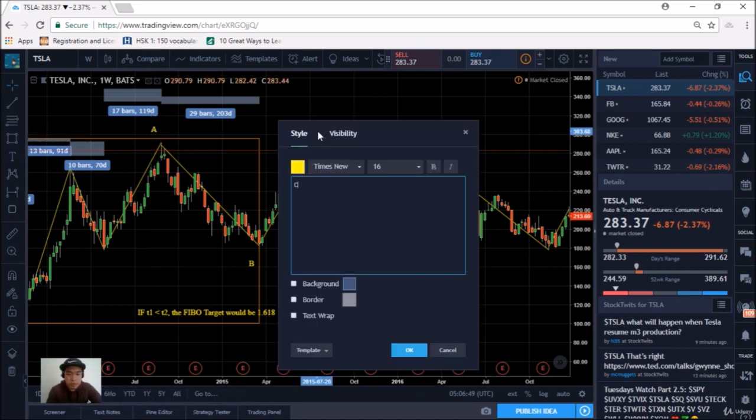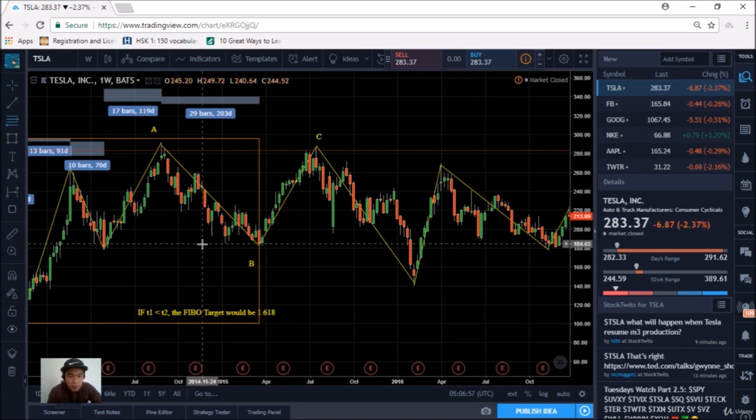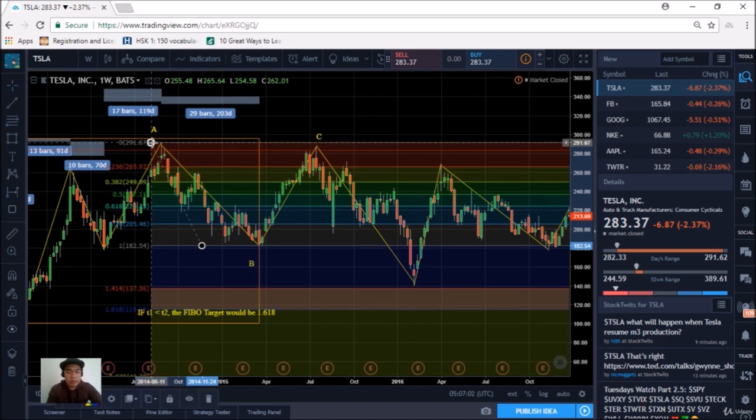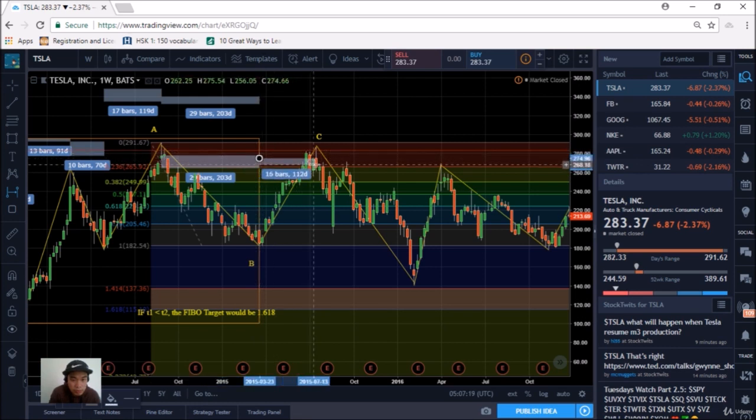You need 3 points in order to do Fibonacci analysis. You took the distinct high and the distinct low, and then you have to calculate the candles. At this point it's 203 days, and this point is 119 days.